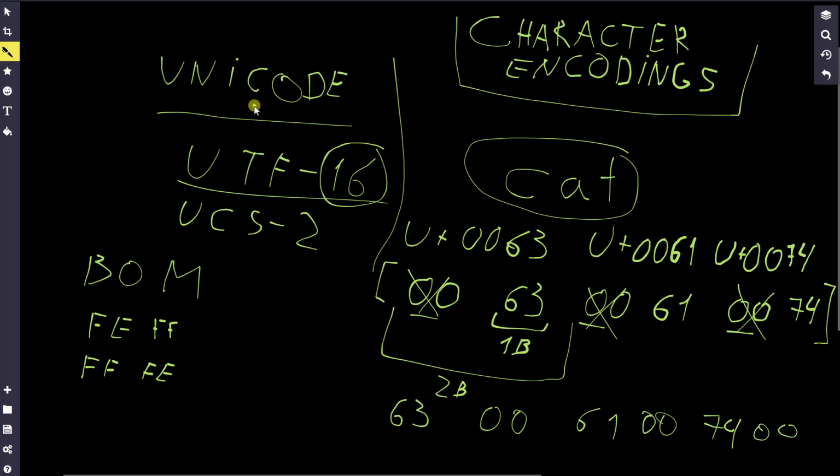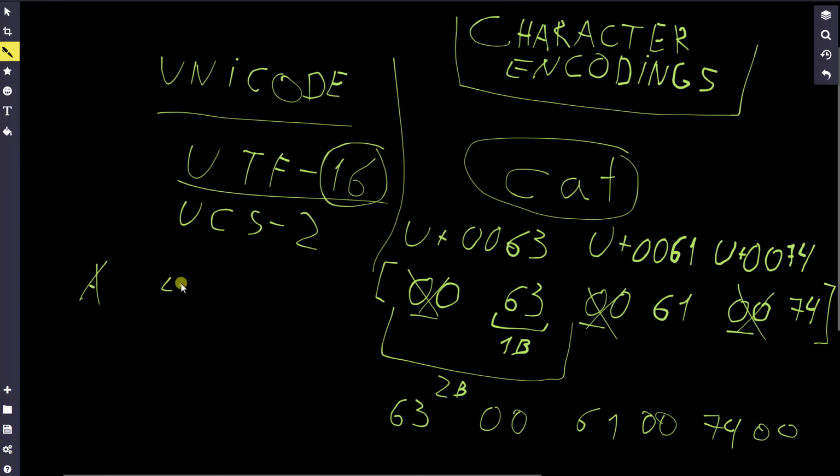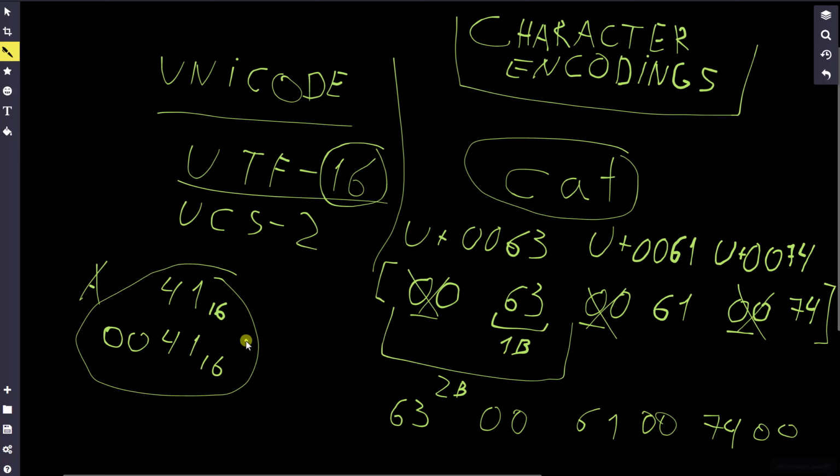And so another problem is that while Unicode respects ASCII, the UTF-16 encoding is not readily compatible with it. Because as long as we always use 2 bytes of information, it means that in ASCII the character A is represented as 41 in hexadecimal, but in UTF-16 the same character is represented as 0041 in hexadecimal once again, and you can clearly see that those numbers are not identical, right?